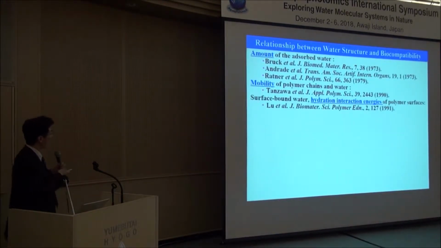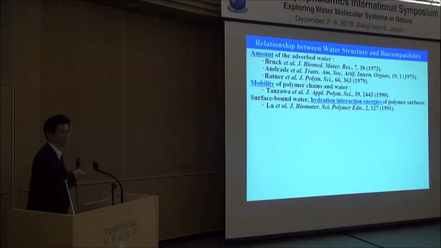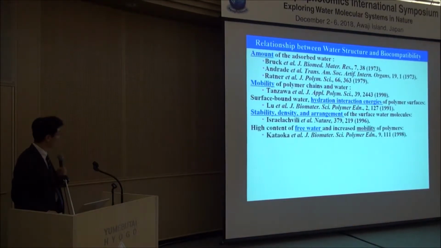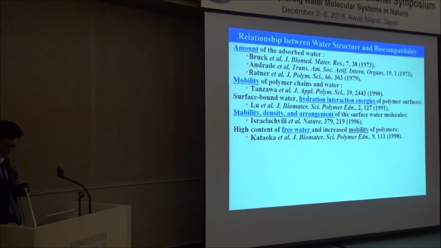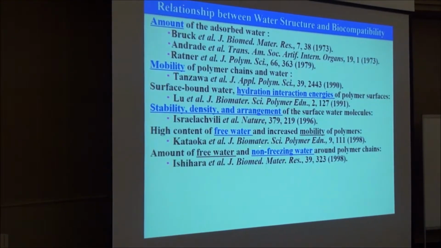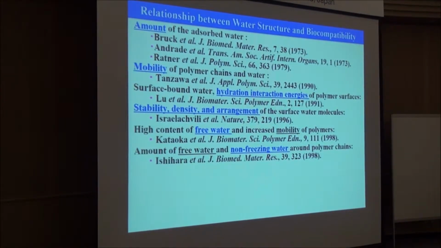And then hydration interaction energy, also important. After that, stability and density and arrangement, Nature paper, then free water and mobility of the polymer chains, also important. Then again, amount of the free water and non-freezing water as well.